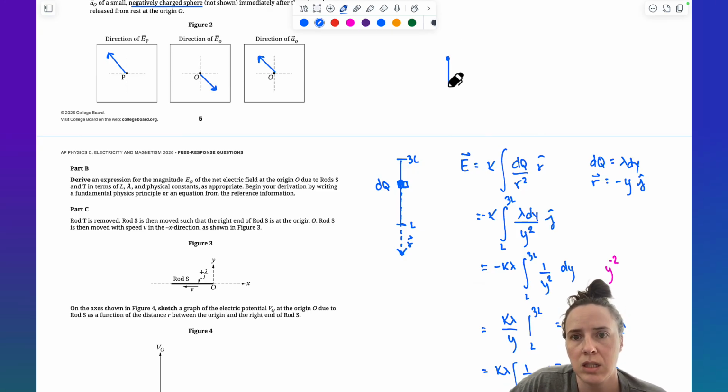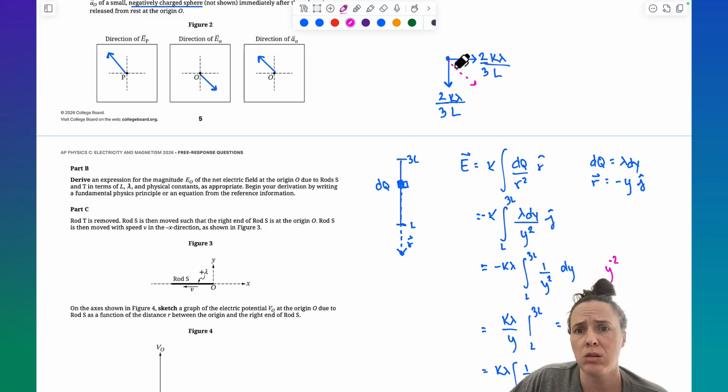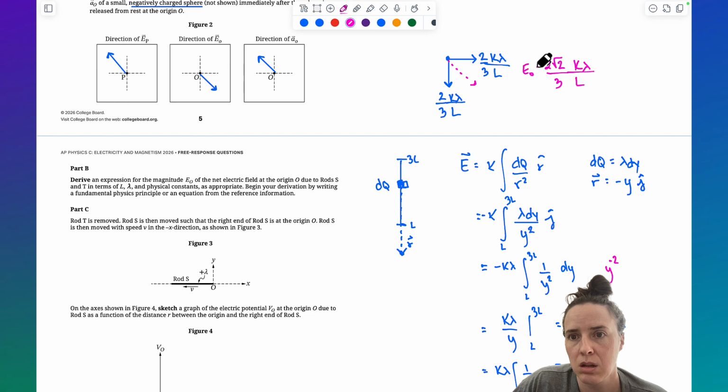So we figured out that rod T is going down with a magnitude of 2/3 k lambda over L. That means rod S is pointing right, also with a magnitude of 2/3 k lambda over L. If you remember your special right triangles from geometry once upon a time, that's a 45, 45, 90 triangle, which means that hypotenuse is going to be 2√2 over 3 k lambda over L. If you don't remember your special right triangles, then you can do Pythagorean theorem about it, and you'll get the same thing.